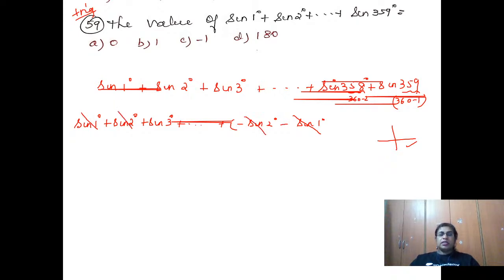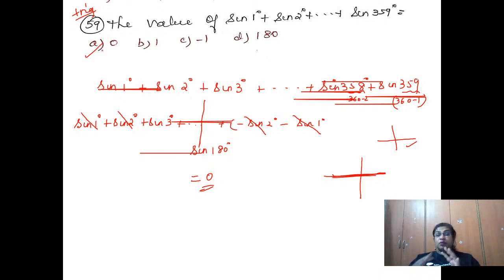Sine 2 degree and minus sine 2 degree get cancelled. Like that all terms will get cancelled. But there is one term in between which has no partner to cancel, and that is sine 180 degree. You know sine n pi, if it is lying on the x-axis, is equal to 0. So sine 180 also is equal to 0. So what is your answer now? When you add the sum together, your answer is a big 0.